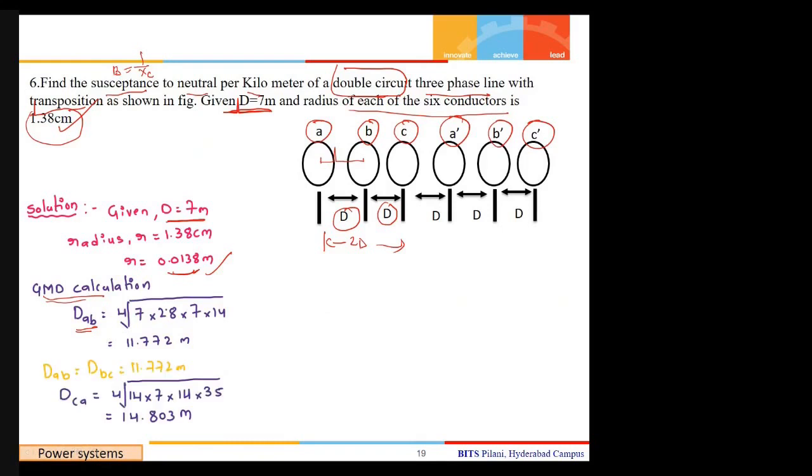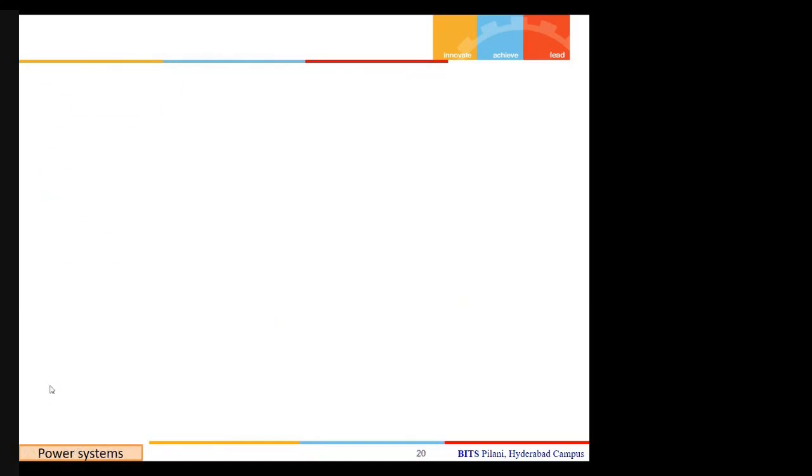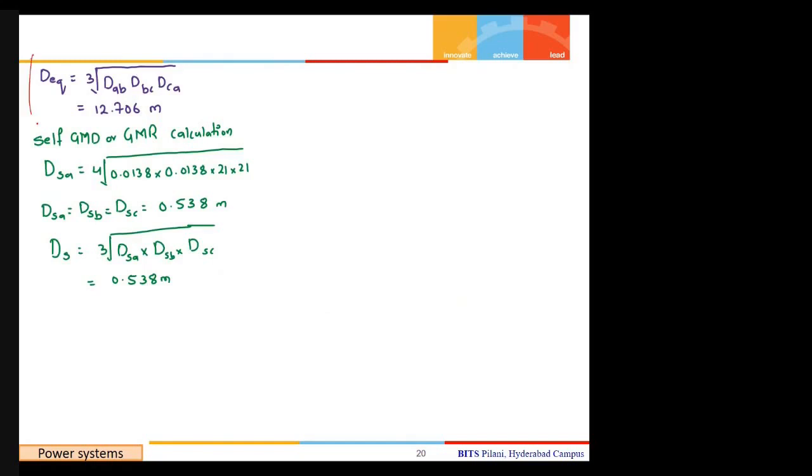Once you have obtained the distances DAB, DBC and DCA, you can obtain the other calculations of GMD and GMR. So the D equivalent, which is basically the GMD of the line, there are 3 phases, so the cube root of the individual distances that we have obtained, DAB, DBC and DCA. Then we can obtain the GMR of the line.